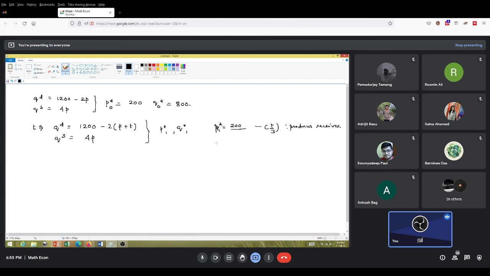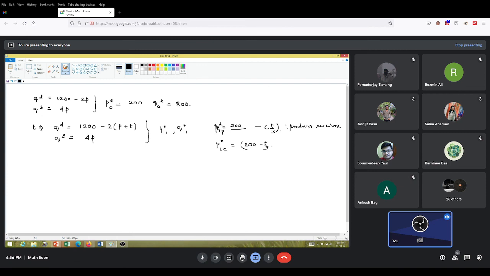How much does the consumer pay? 200 plus 2t by 3. So this is the consumer price.